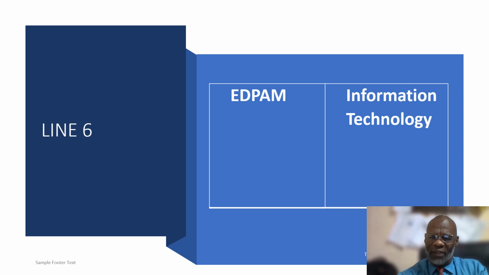Now, if your career choice does not necessarily need information technology, then you can choose EDPM. Let's say if you want to become a human resource manager, or you want to be in human resource management, then you can do EDPM. If you want to become a secretary, then EDPM is okay.